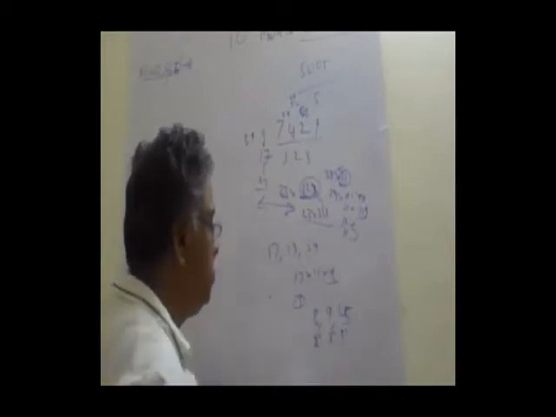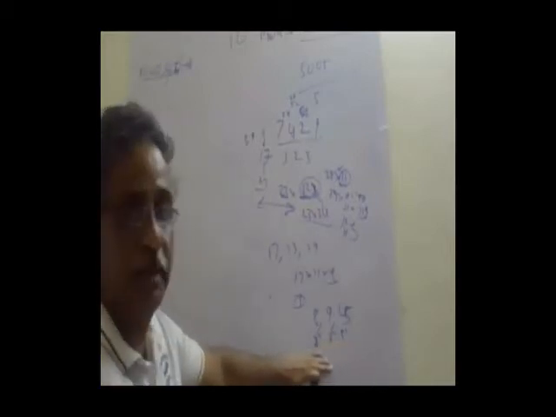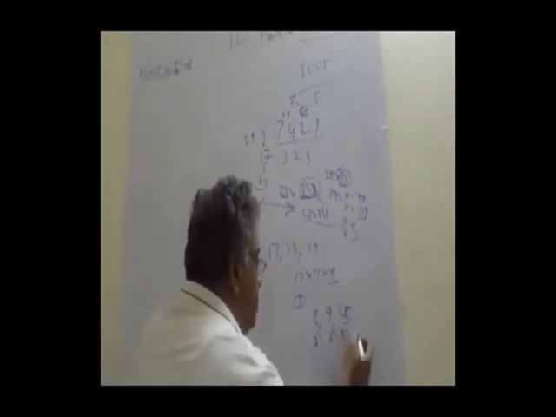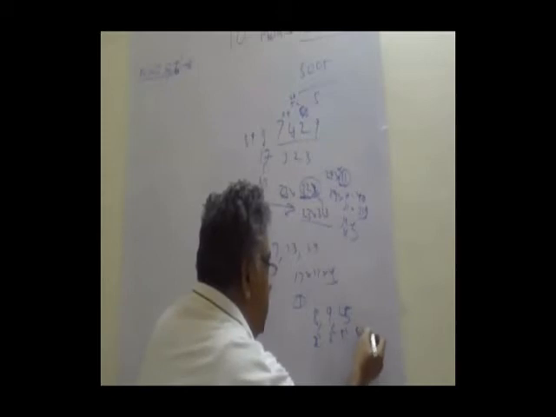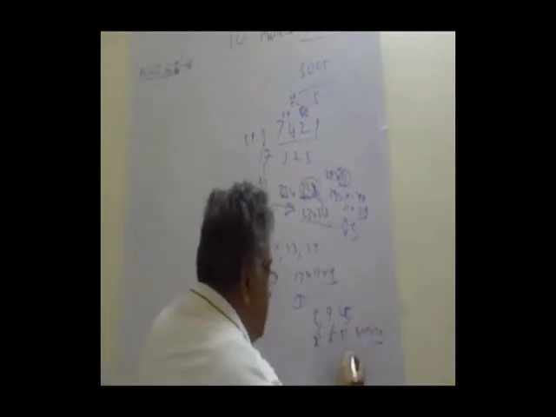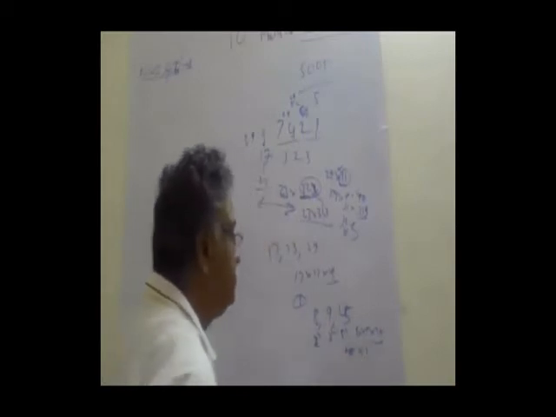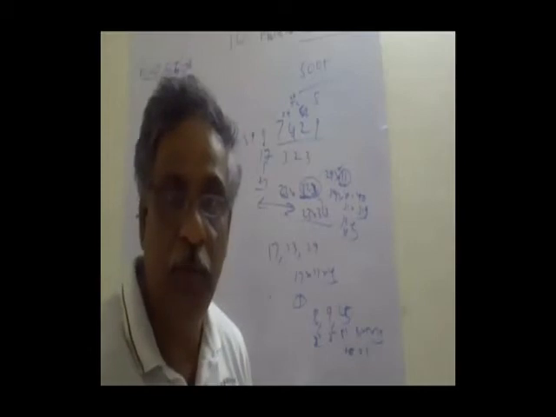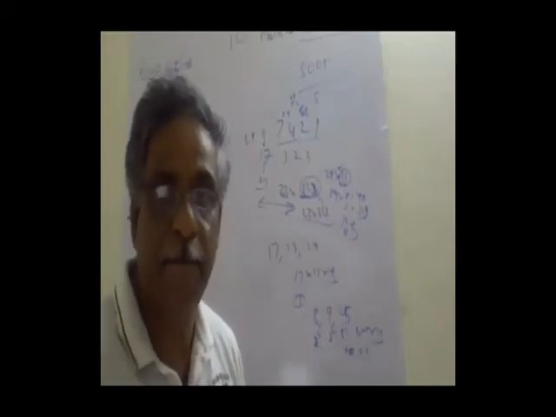There is absolutely no common factor. So the LCM is 8 into 9 into 25. The HCF is 1. Nothing can divide them in common. They are all co-prime numbers. You got it.